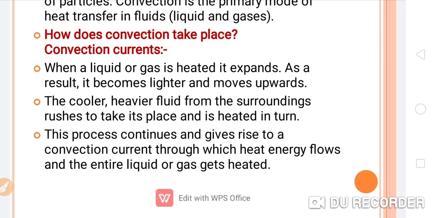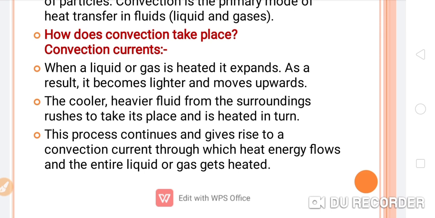So this is the reason. Now next, the cooler, heavier fluid, meaning those fluids existing just above, on the surface of the liquid, have less energy, meaning they are cooler. So they will move in the direction where they can get heat.